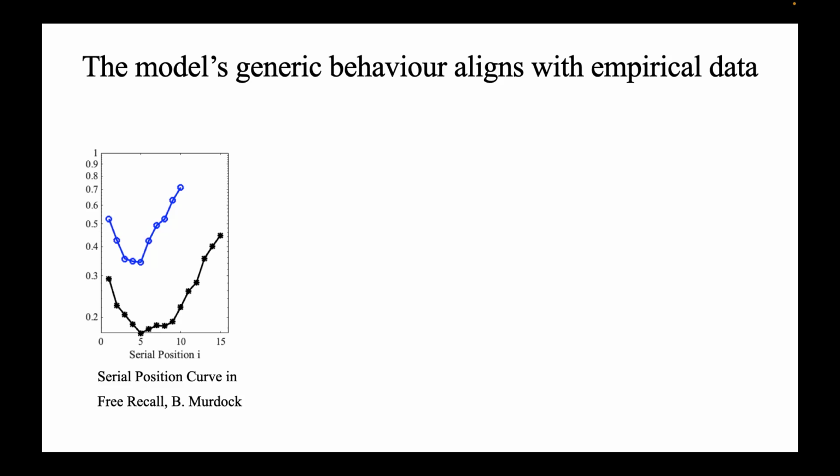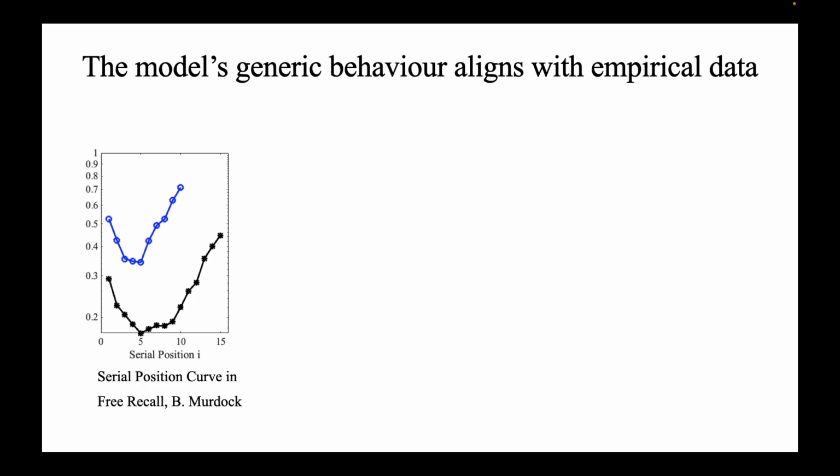And these participants are asked to recall items from these lists in arbitrary order. This paradigm is called free recall. And here on the y-axis, you see the accuracy, or the proportion of correct answers.